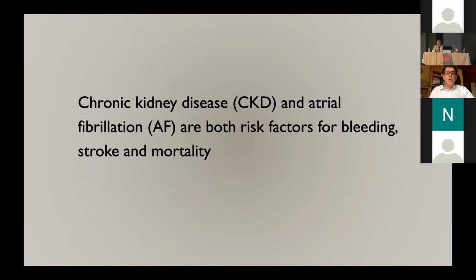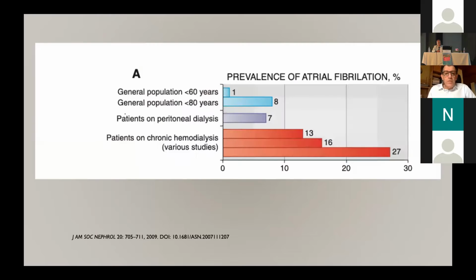Chronic kidney disease and atrial fibrillation are both risk factors for bleeding, stroke, and high mortality. This is what creates the difficulty with the two factors.